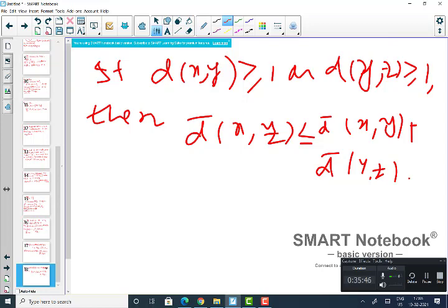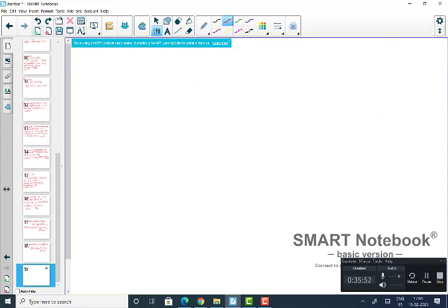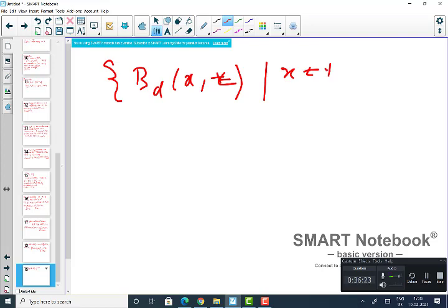So if you choose, for example, these collections B(d, x, epsilon), okay, so I am choosing x belonging to, say, the space X, whatever the space, and epsilon less than 1.